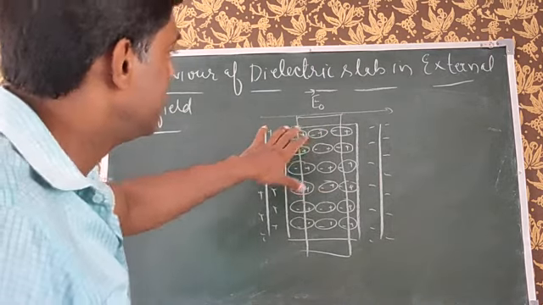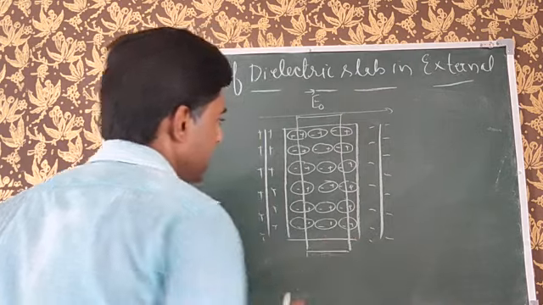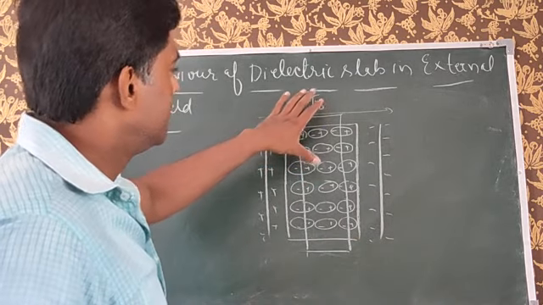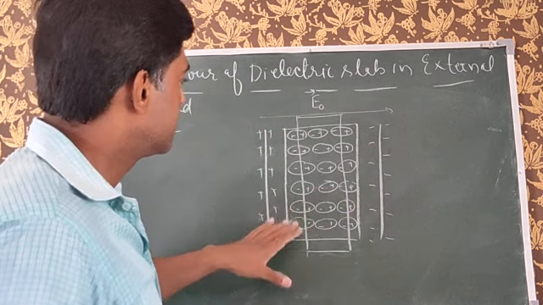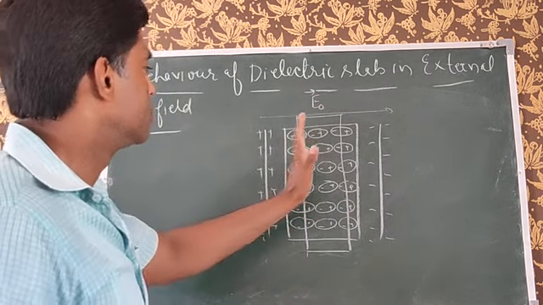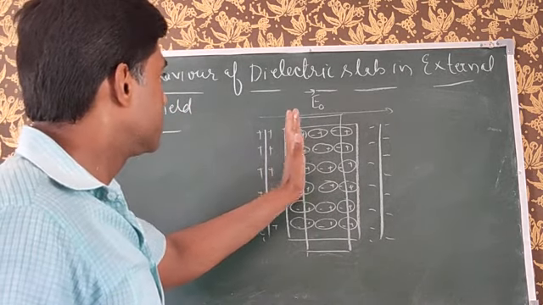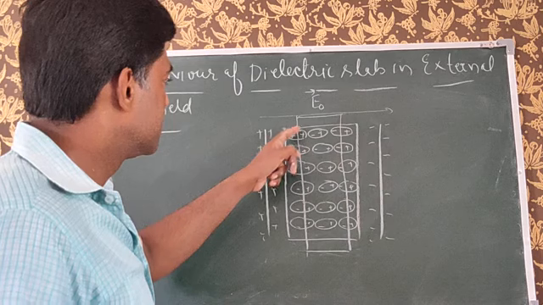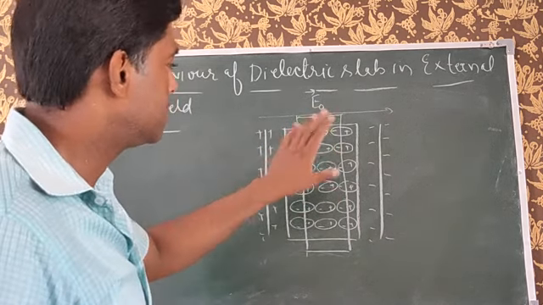As shown with this rectangle, the total amount of positive charge inside this rectangle is equal to the total amount of negative charge. So the positive charge inside the rectangle is cancelled by the negative charge inside the rectangle.